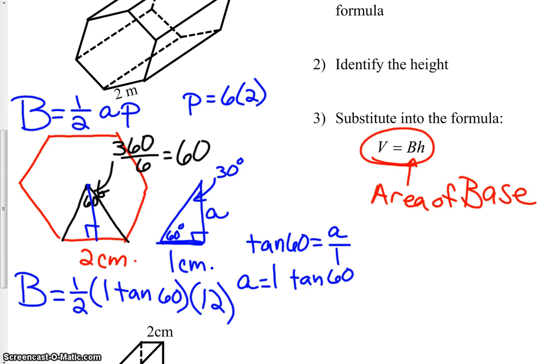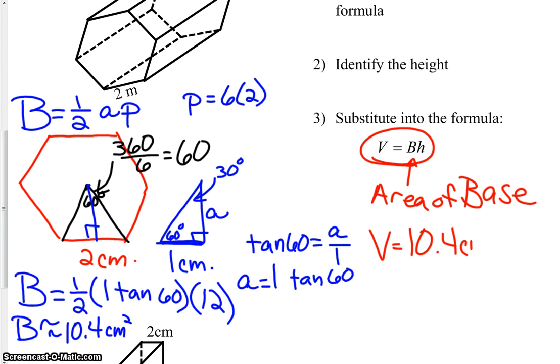The area of my base is going to be approximately 10.4 centimeters squared. Now to get my volume, I have to take that and multiply it by the height. So my volume is going to be 10.4 centimeters squared times 5 centimeters.